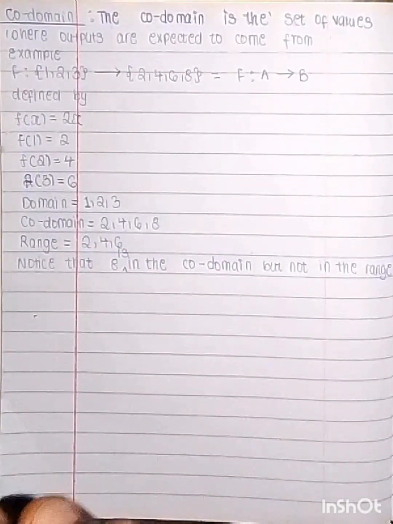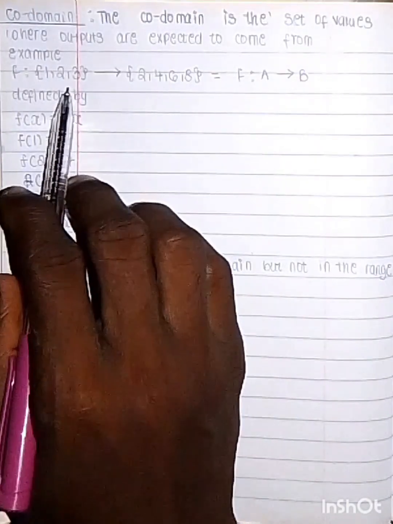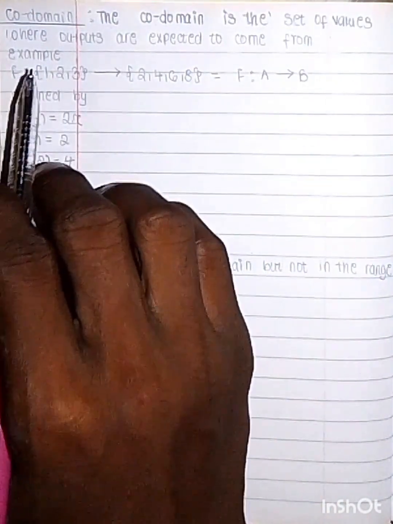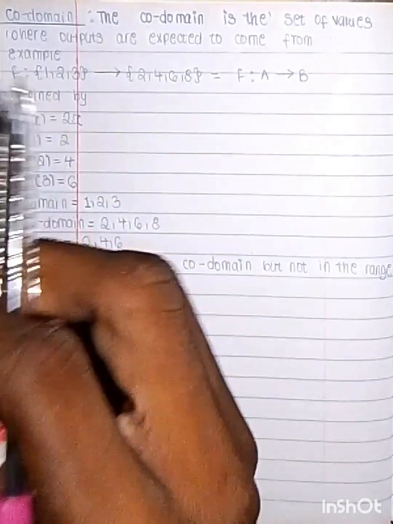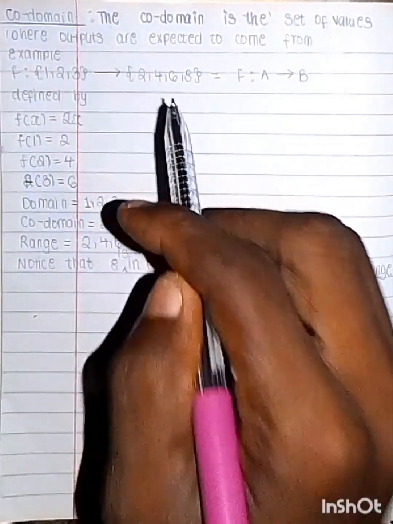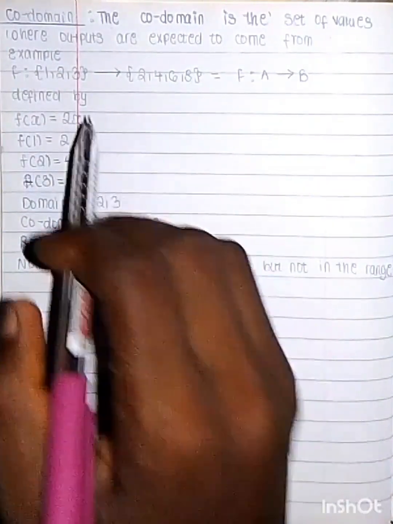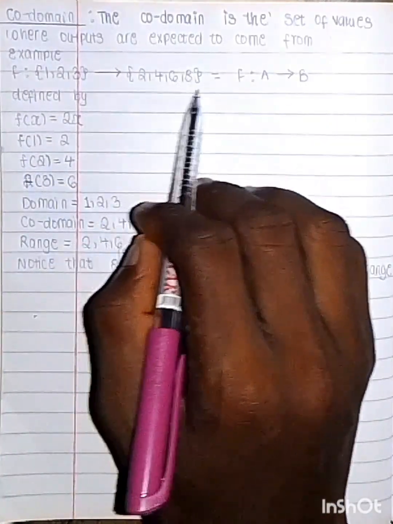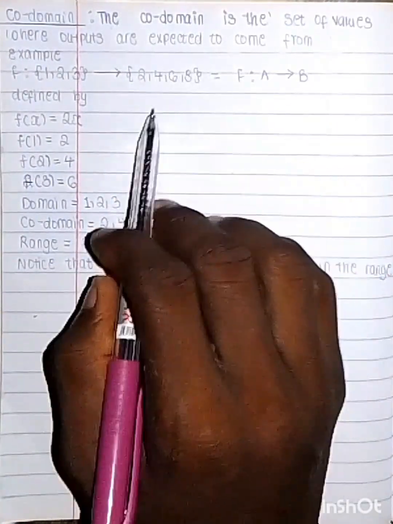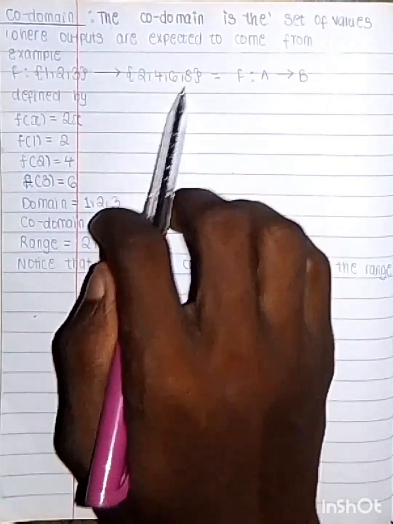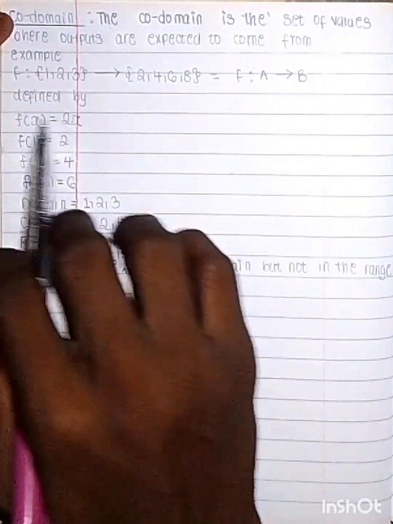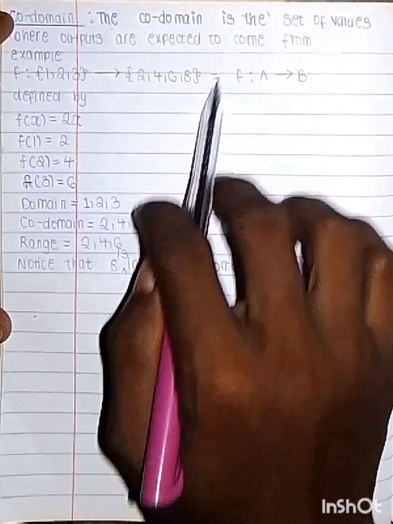So I would like to explain the fact that you can have a function where the codomain is exactly the same as the range. You can have a function where the codomain is not exactly the same. Now you can see here, we had 1, 2, 3, and 2, 4, and 6. If 8 was not included in this codomain, you would realize that 2, 4, and 6, which is the output, will be exactly the same as the codomain.